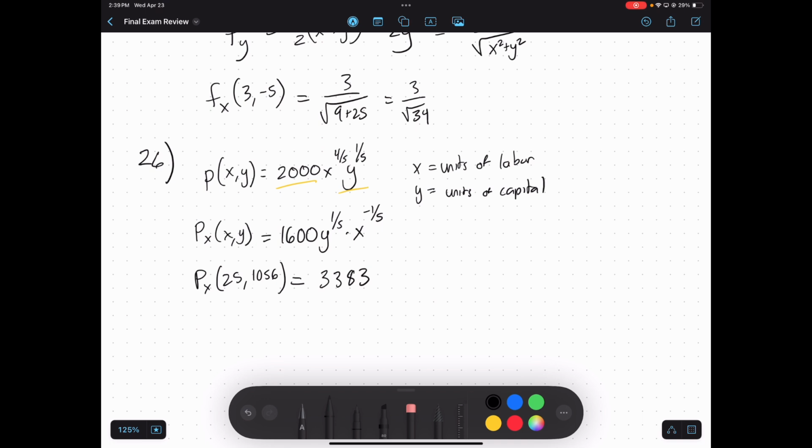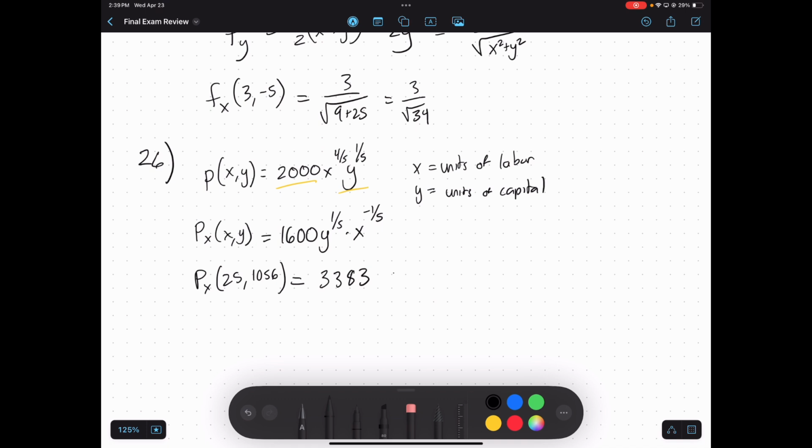First of all, we need to recognize that this number is a rate. Why is it a rate? Because it's a derivative. We used a derivative to find it. So this is a rate.